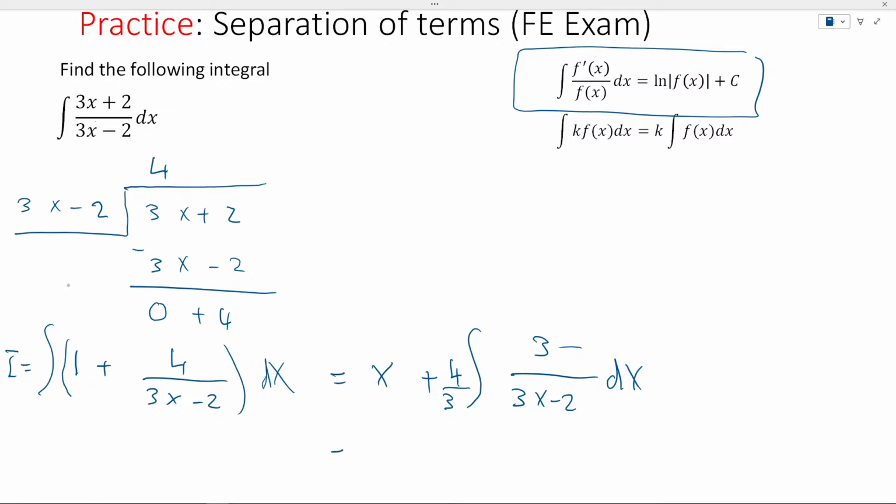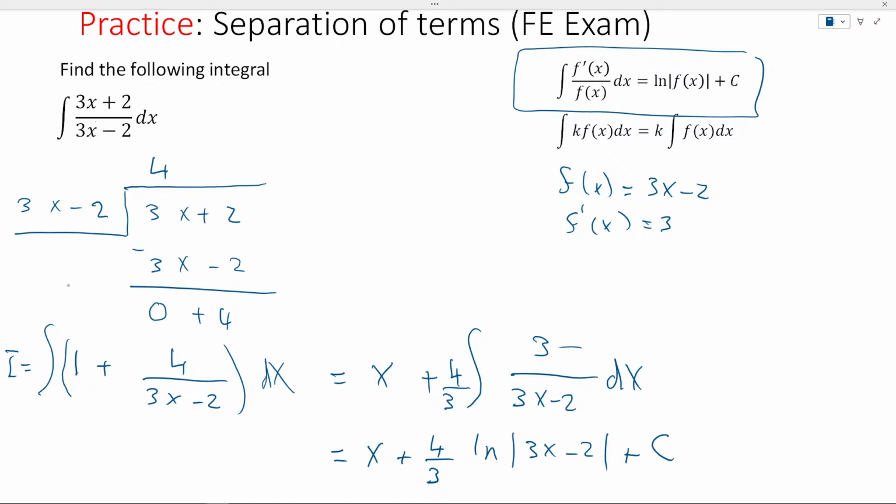So that would give me x plus 4 over 3 ln of my f of x, so that's 3x minus 2, because remember, your f of x is equal to 3x minus 2 and its derivative is equal to 3, plus constant.